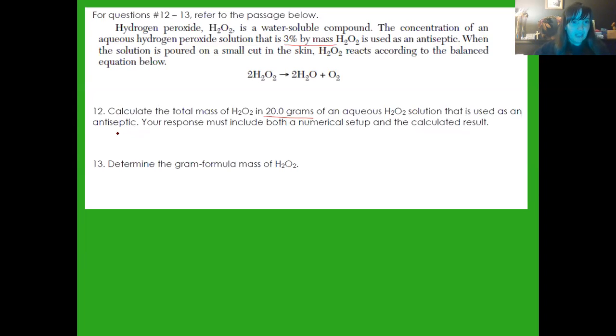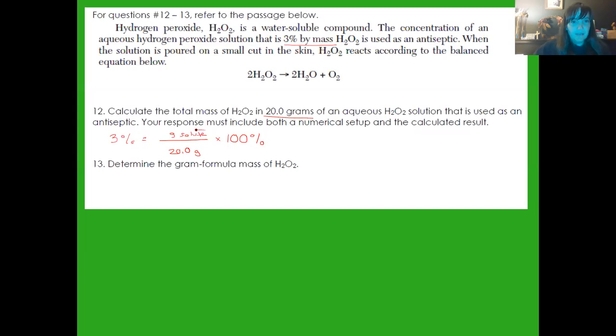So if I were to use the equation for percent by mass, that's percent by mass equals the mass of the solute over the mass of the whole solution, which in this case is 20 grams, times 100%.